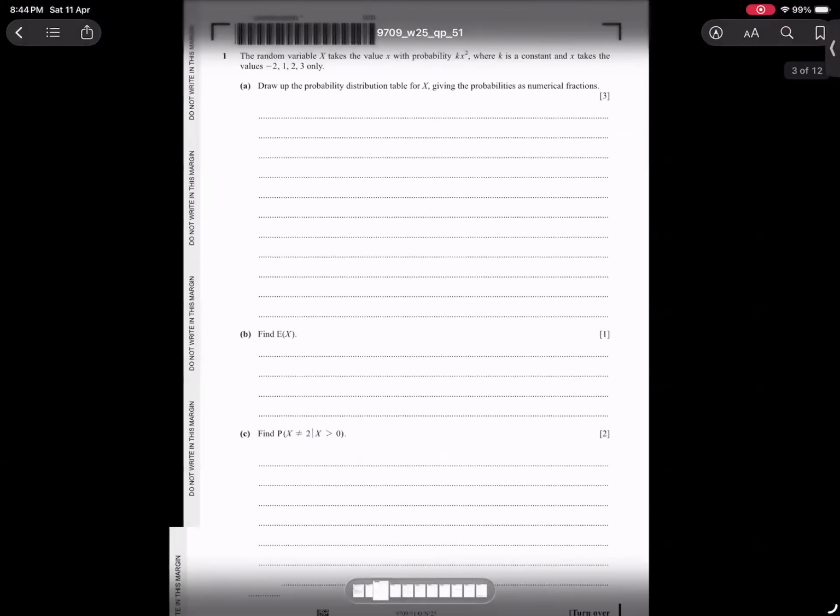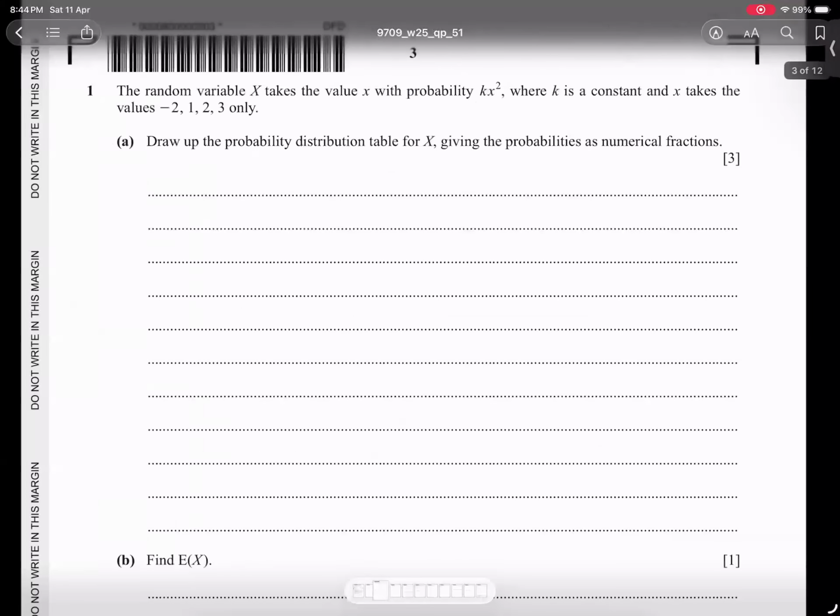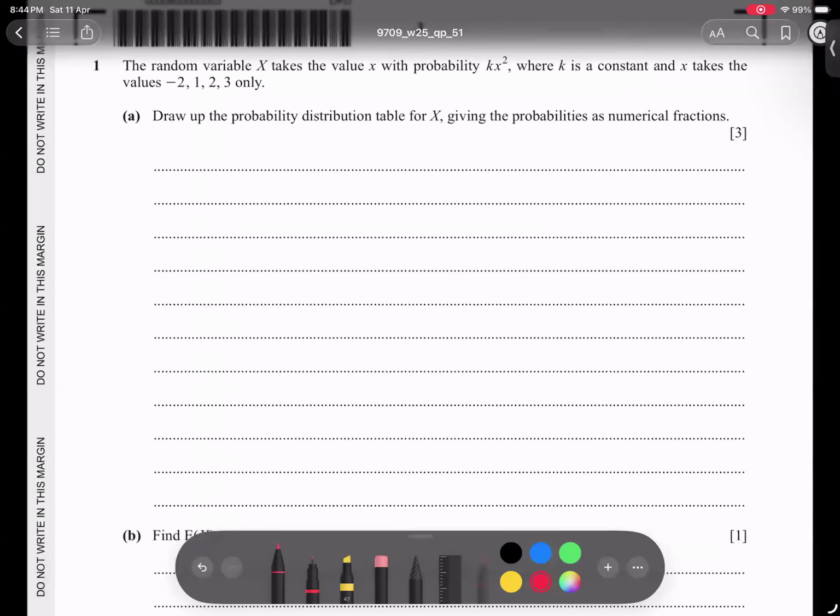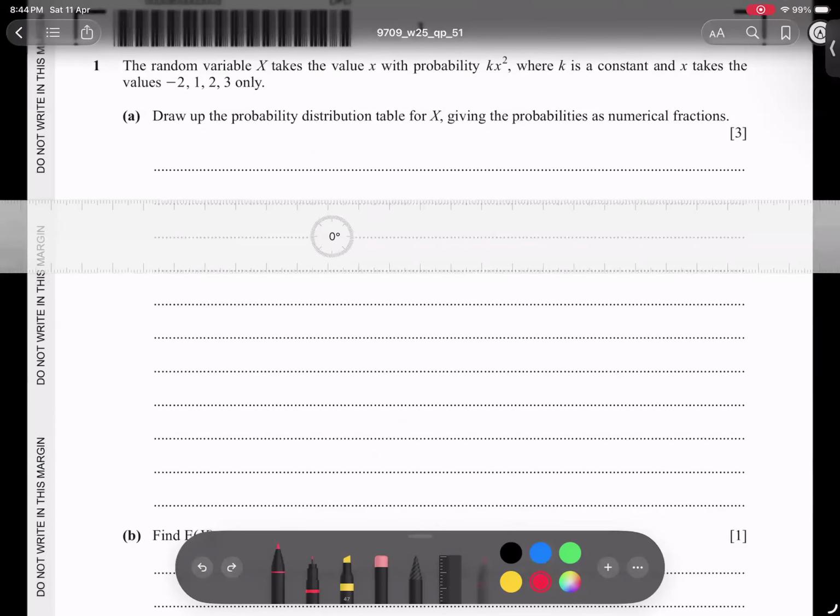So question number 1, students, we have. He said random variable x takes a value x. This represents probabilities, make sure. So we will take some values.